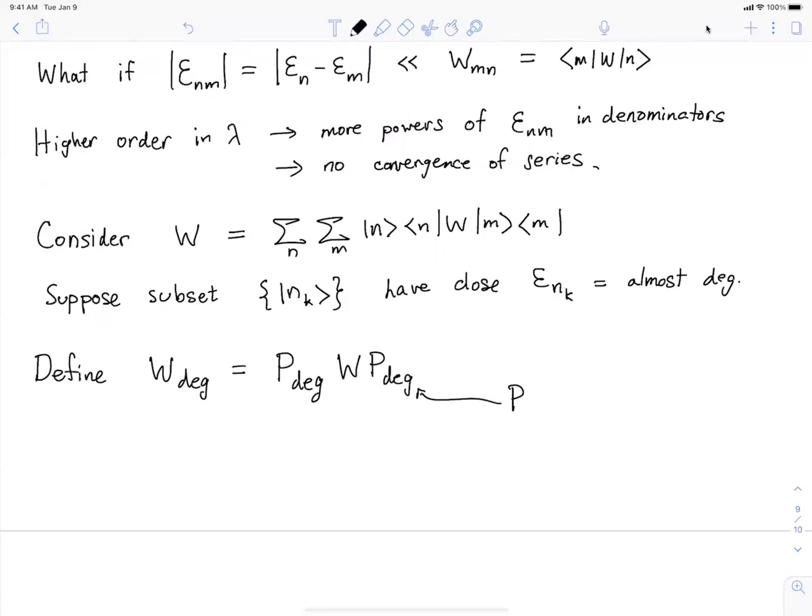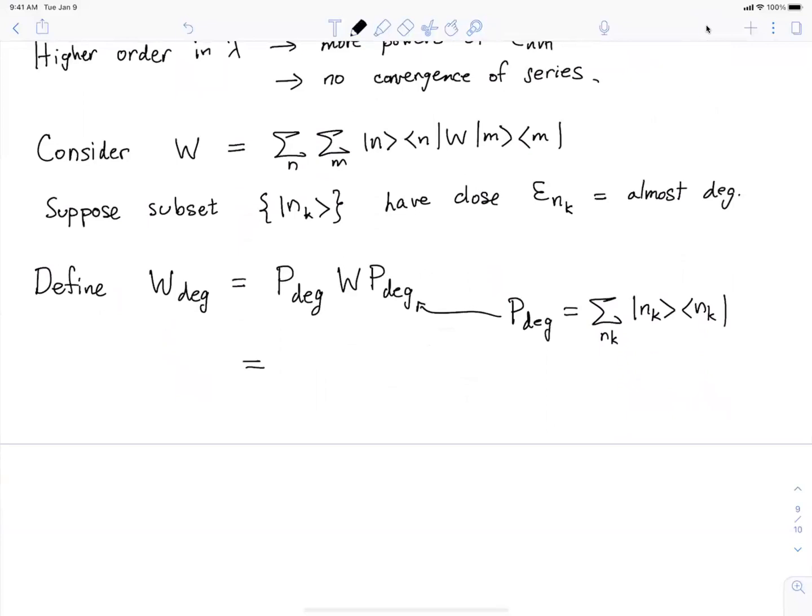So P degenerate is defined to be, instead of summing over all n's, we just sum over the n sub k's. Any operator of that form is a projection operator. And so in words, what we've done is we've defined W degenerate to be the operator W, but confined to or restricted to only the subspace of almost degenerate states.